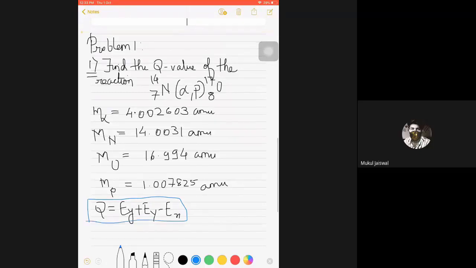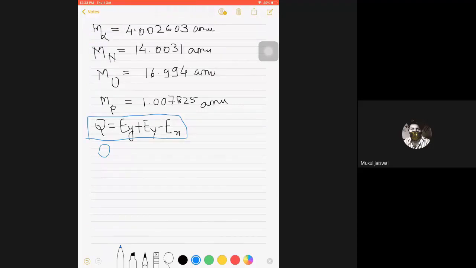The other formula known to us is Q equal to mass of the projectile plus mass of the target nucleus minus mass of the ejectile minus mass of the residual nucleus, into c square.